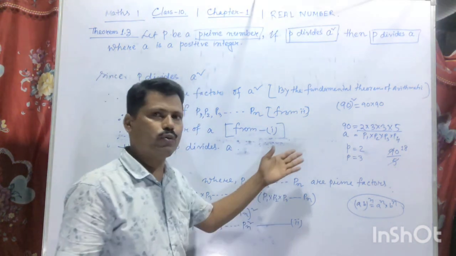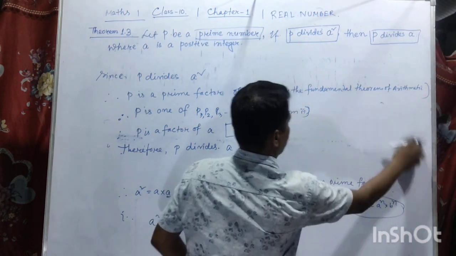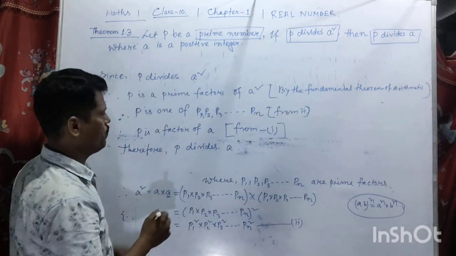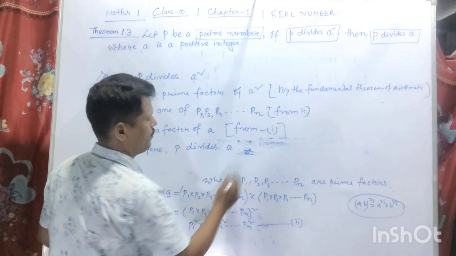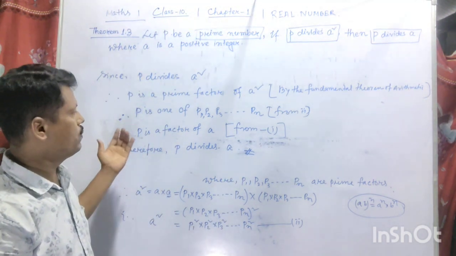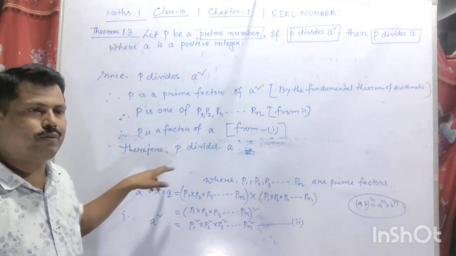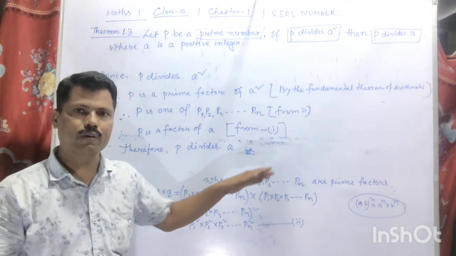Any other example we can also take here. So therefore p divides a. First we take the prime factorization of a: a is equal to p1 into p2 into dot dot dot pn.